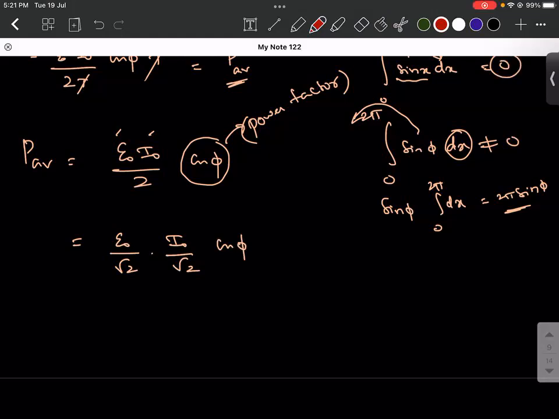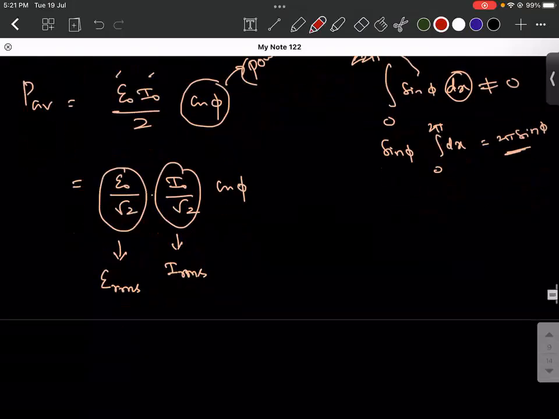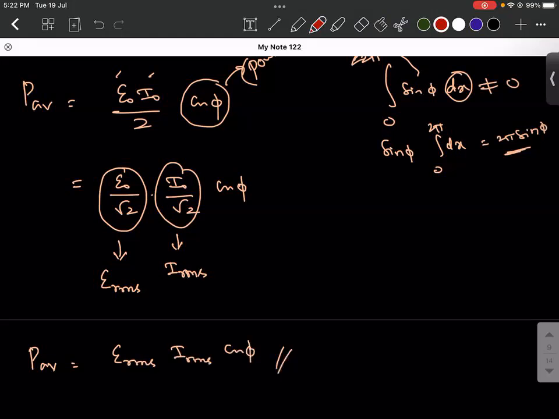What is E naught by root 2? It's called ERMS, and I naught by root 2 is called IRMS. So average power is given as ERMS into IRMS into cos phi. Is it clear?